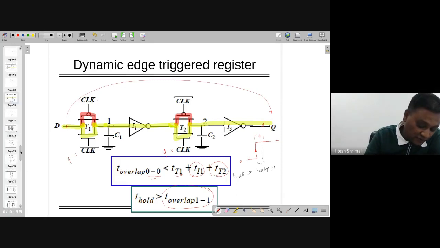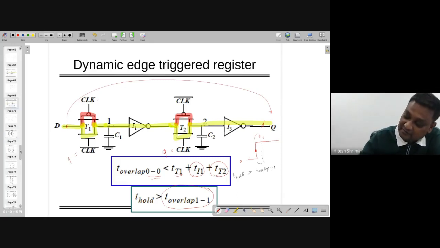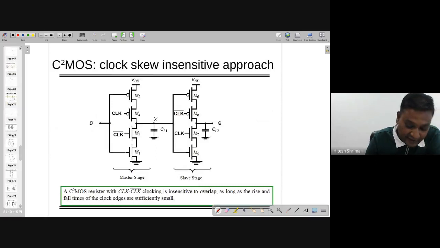Okay, so such a situation can be avoided by a technique called C-square MOS, because we are using a clock skew based approach. It's known as C-square MOS.